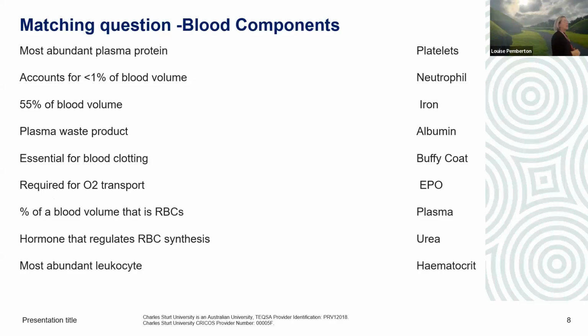Okay, we're going to do this little question together. Just keep in mind, you won't be drawing arrows. You would be matching them from side to side. All right, what is the most abundant plasma protein?